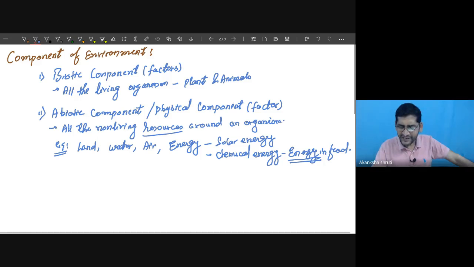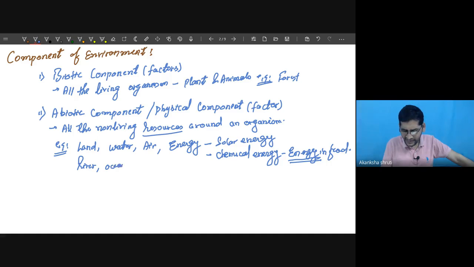Biotic factors, we can write a few more examples, student, like forest, the plant, the useful animal, they are the biotic factor. More examples of abiotic can be written like river, ocean, etc., lake, any kind of thing.